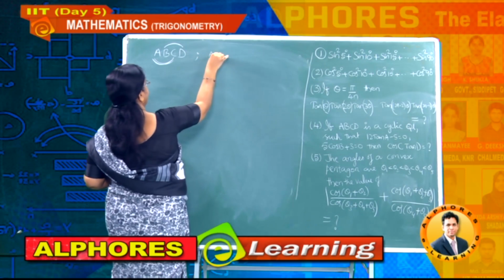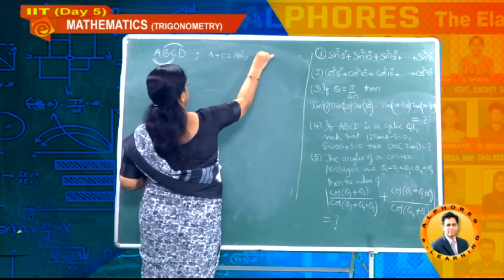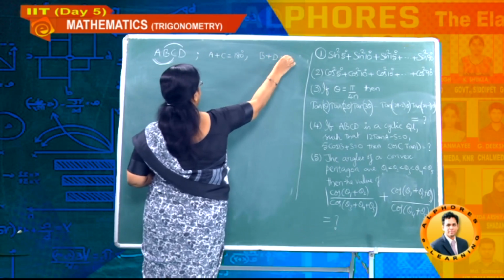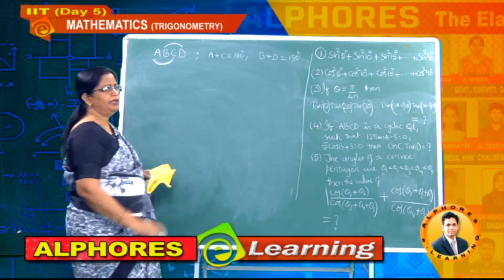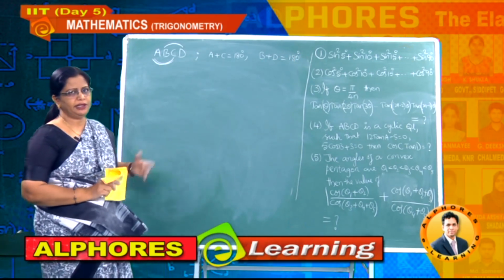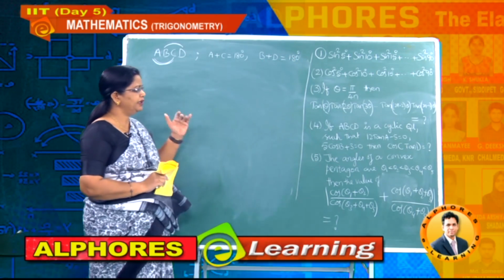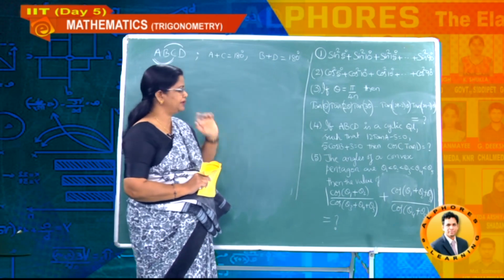It is 180 degrees. And what about B plus D? This is also 180 degrees. Understand? And the sum A plus B plus C plus D equals 360 degrees for a quadrilateral. Cyclic is given, that is the reason we are using this concept also.